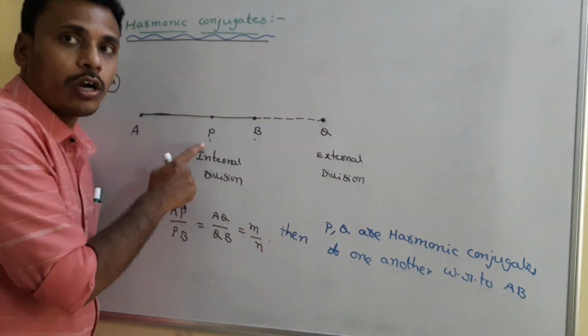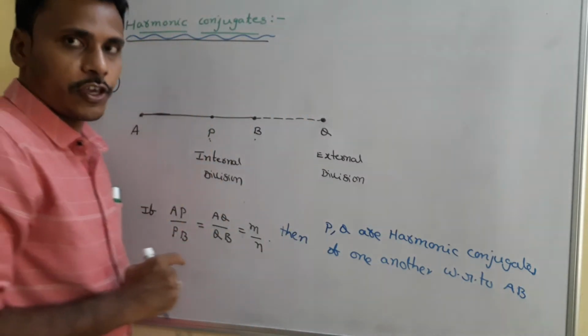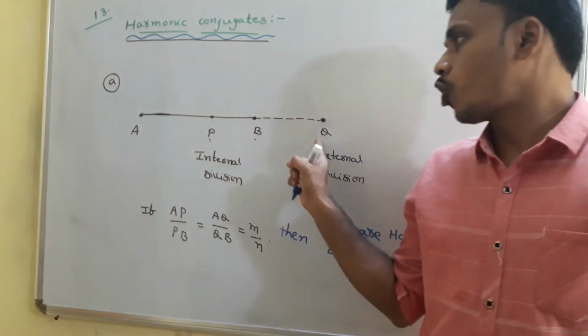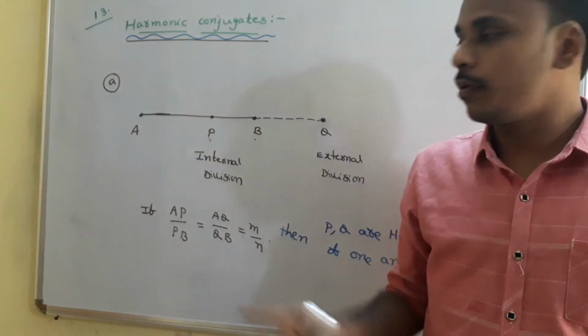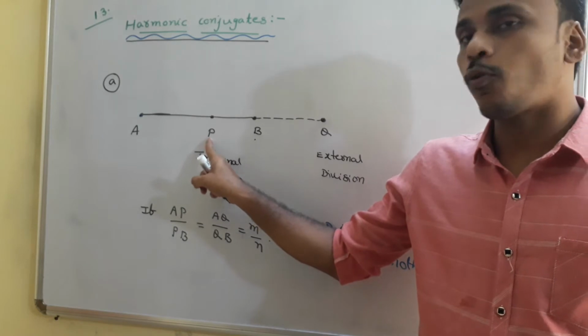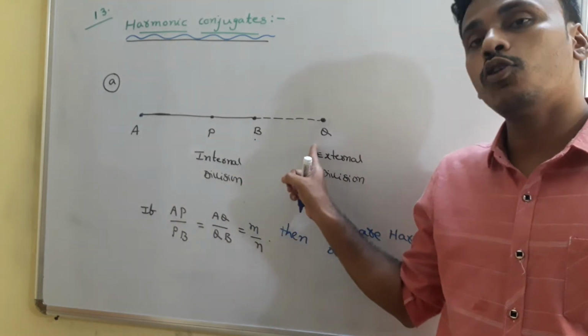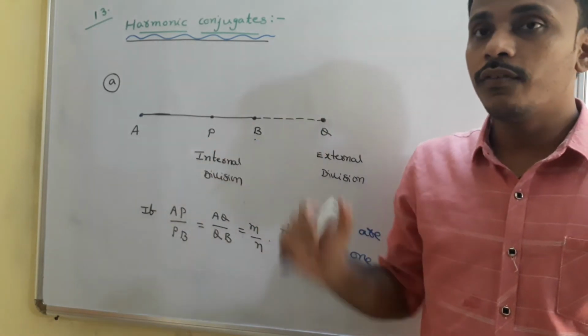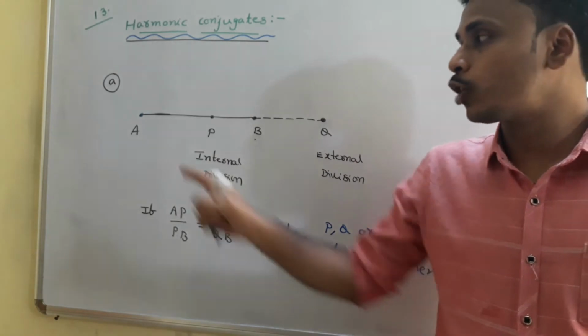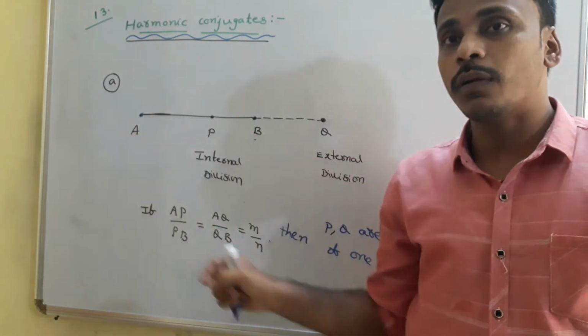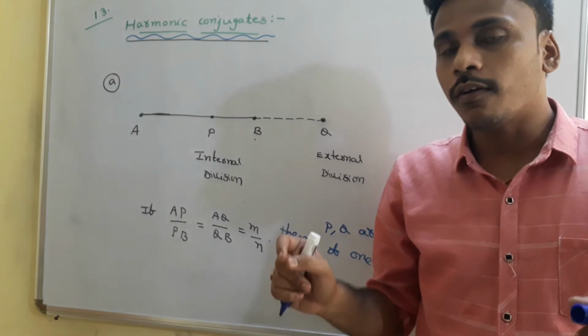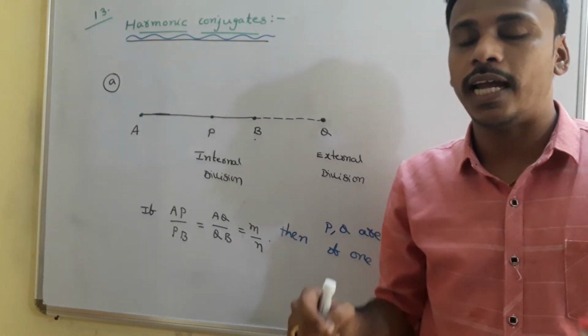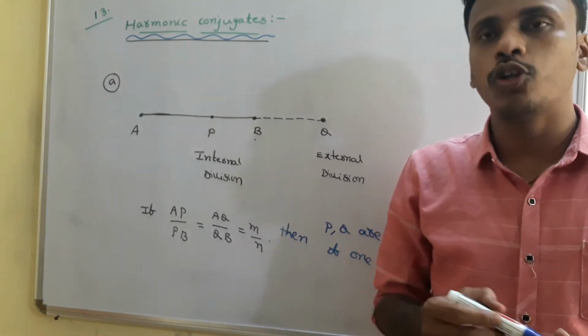Here P is called the harmonic conjugate of Q and Q is called the harmonic conjugate of P. What is the harmonic conjugate of this point? Q. What is the harmonic conjugate of this point? P. With respect to what? With respect to the line segment AB. Line segment AB is fixed. With respect to a fixed line segment, usually we will get harmonic conjugates.